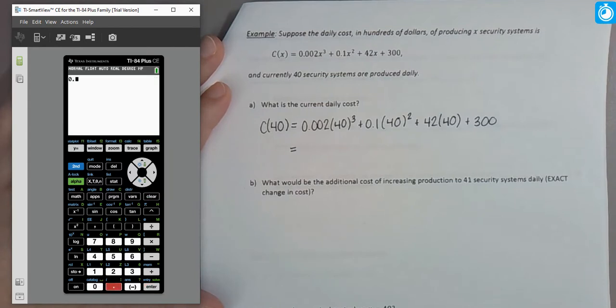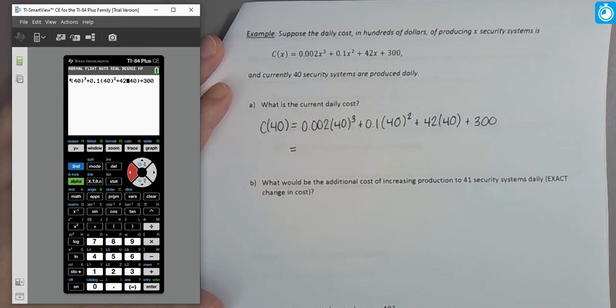0.002 times 40 cubed, plus 0.1 times 40 squared plus 42 times 40 plus 300. Now that was a lot to type, so let me verify everything looks good.